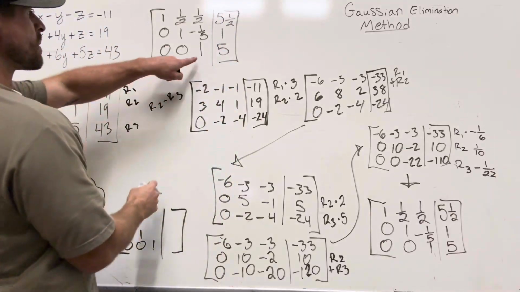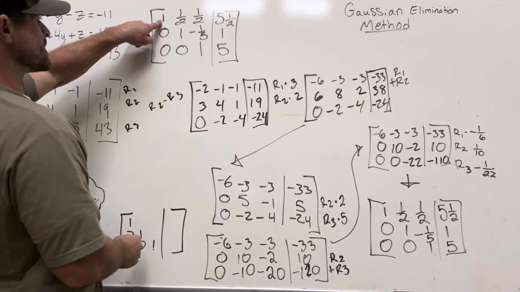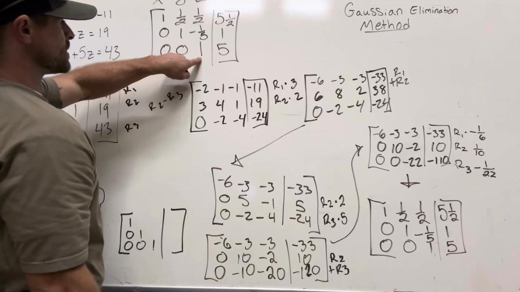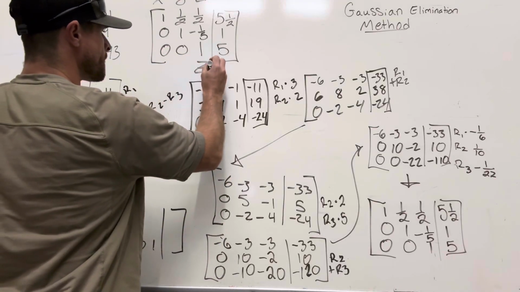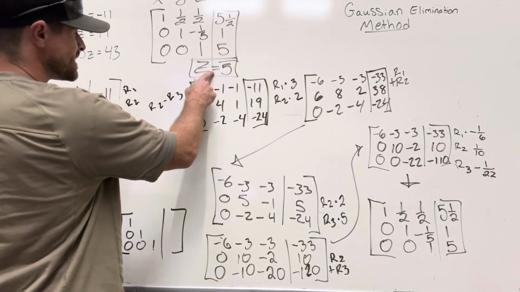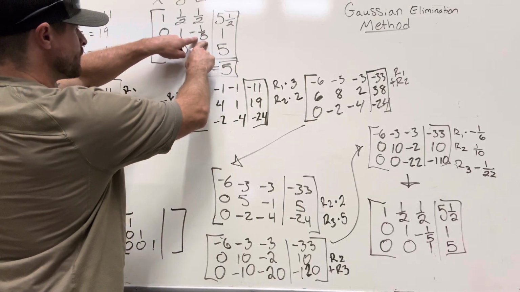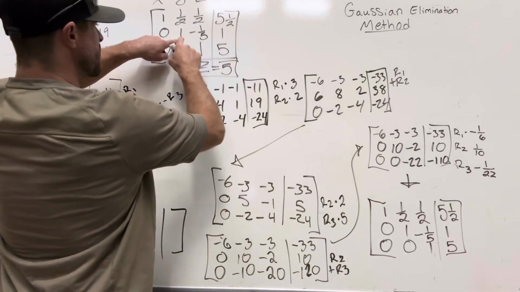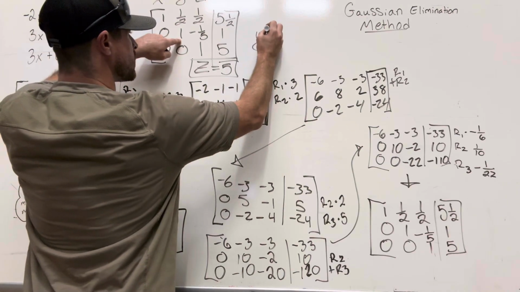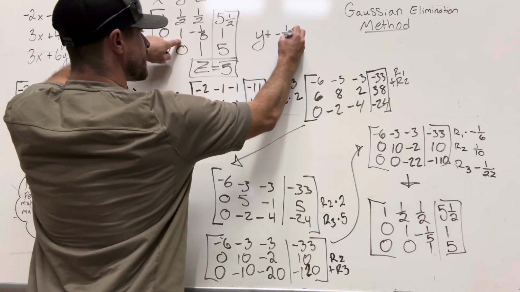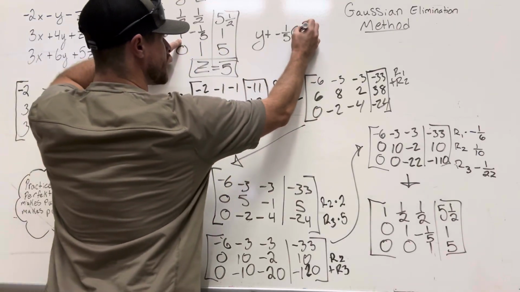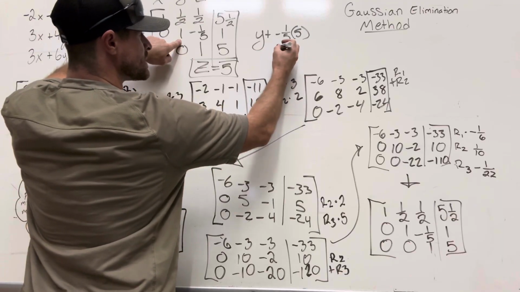Now remember, this is Z, this is Y, this is X. So Z is equal to 5. I'm going to put a box around that because we got one of our values. Now that I got Z equal to 5, I can multiply it by -1/5, and we got 1 here. Remember this equation, because we've eliminated down to 0, this is really just Y plus -1/5 times Z, which is 5. -1/5 times 5 is -1.